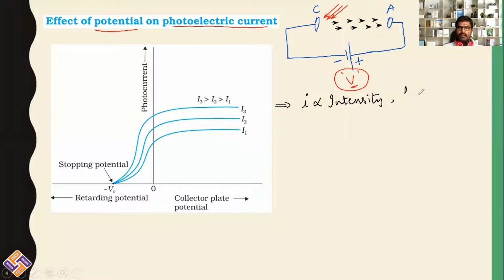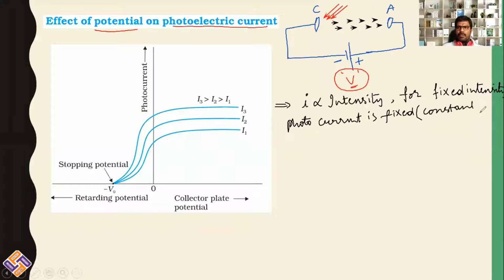Therefore, remember, for fixed intensity, photocurrent is fixed. It means that it is constant. You are providing some intensity I1.